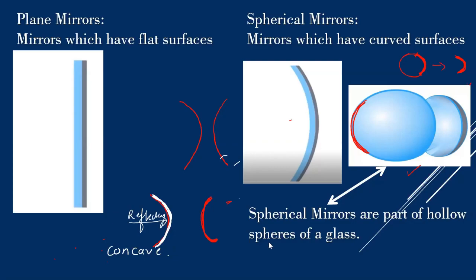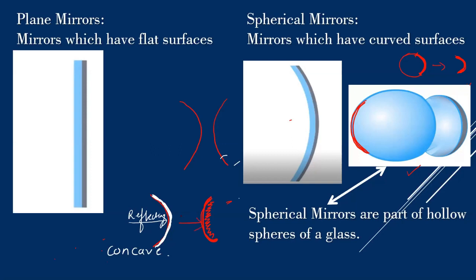I coated this part with silver coating. So this becomes an opaque surface, so this becomes my reflecting surface.